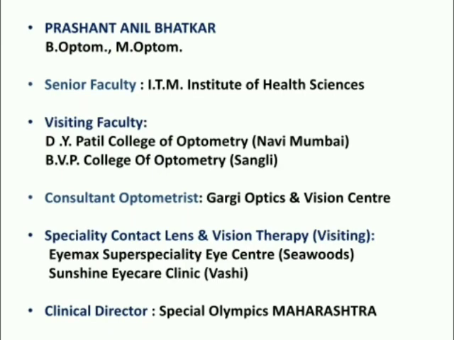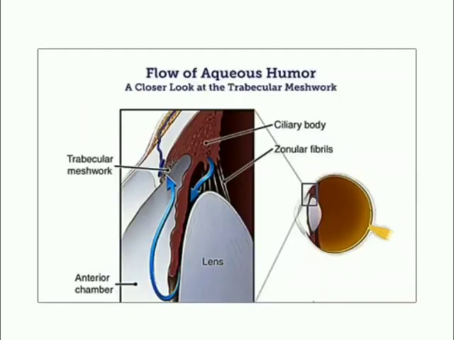The aqueous humor has important functions to play. The aqueous humor is produced, circulated, and further undergoes drainage, and the drainage system is facilitated by an important ocular anatomy, as we have studied, which is called the anterior chamber angle structures. Thank you very much.